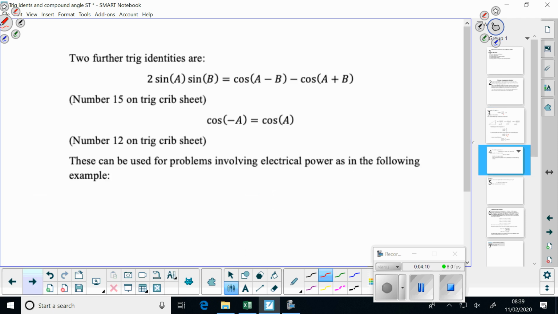Okay, two further trig identities. 2 times sine A sine B is equal to cos(A minus B) minus cos(A plus B). That's number 15 on your crib sheet, I believe. Have I got all the numbers right? No, it isn't, because I've changed them. It's number 17.